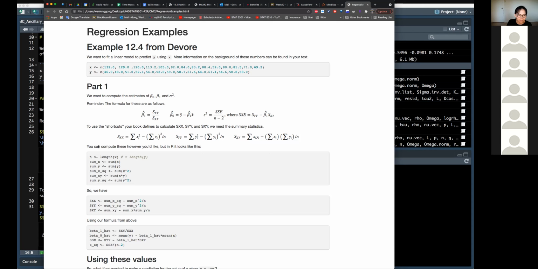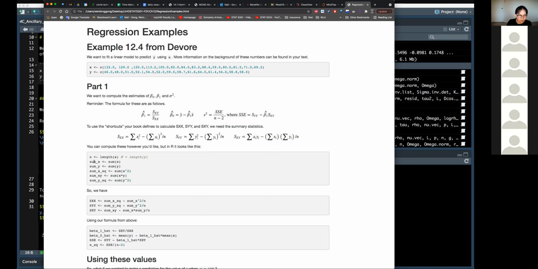Now, you can do this by hand, but I would assume it will be slow. Anyway, let's do it in R. N we would need, so that's just the length of your data, because we need this N in the formula.